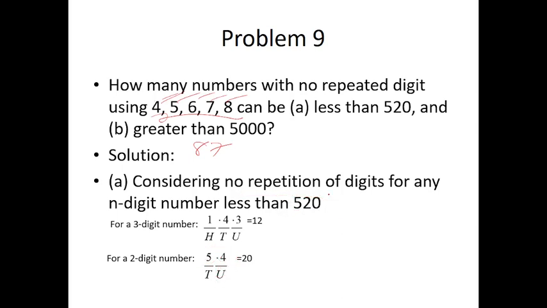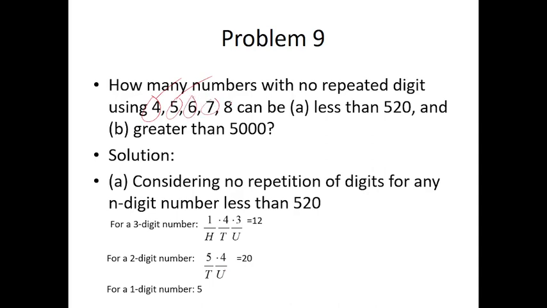Then, of course, pwede yung single digit number kasi less than 520. For a single digit number, automatic 5 options. Kasi ang 4 is less than 520, 5 is less than 520.